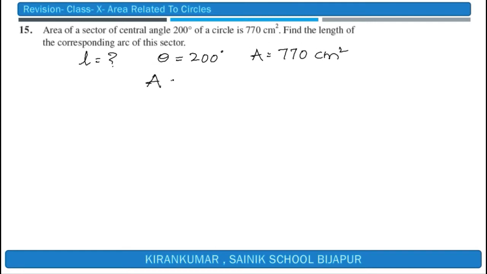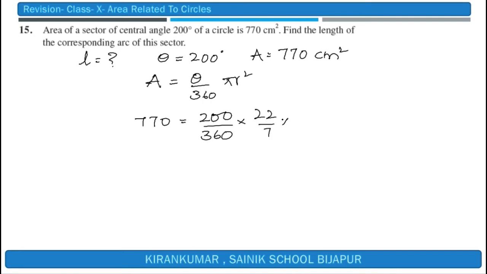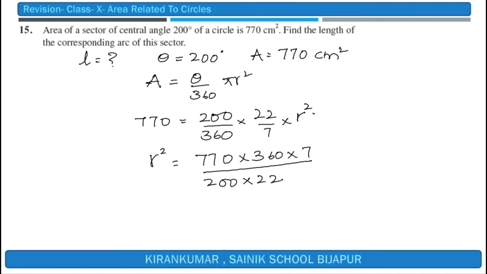We all know that area is given by theta by 360 into pi r square. Area is 770, which is equal to 200 divided by 360 into 22 by 7 into radius square. So radius square is given by 770 into 360 into 7 divided by 200 into 22.